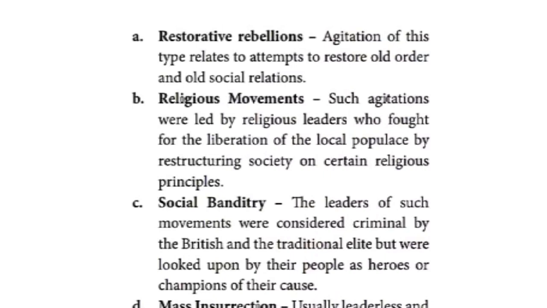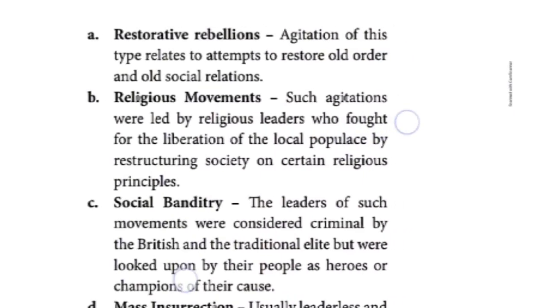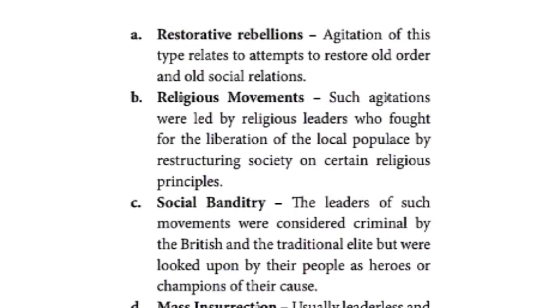First category is restorative rebellion. Then second category, religious movements. Third category, social banditry. The last one, mass insurrection.